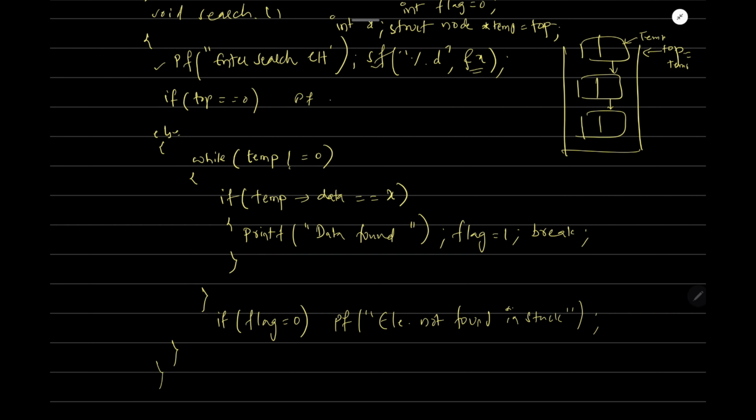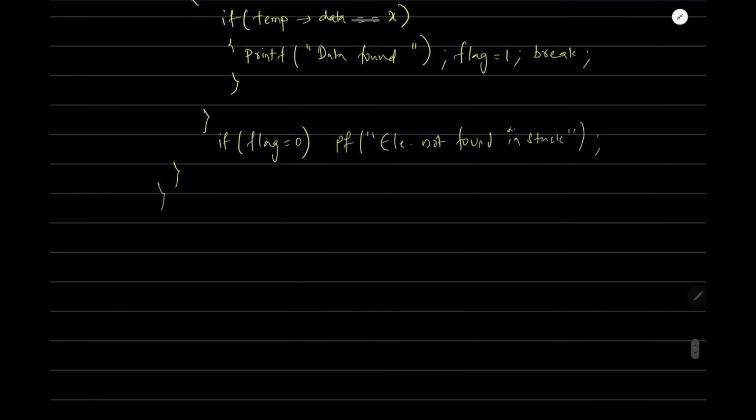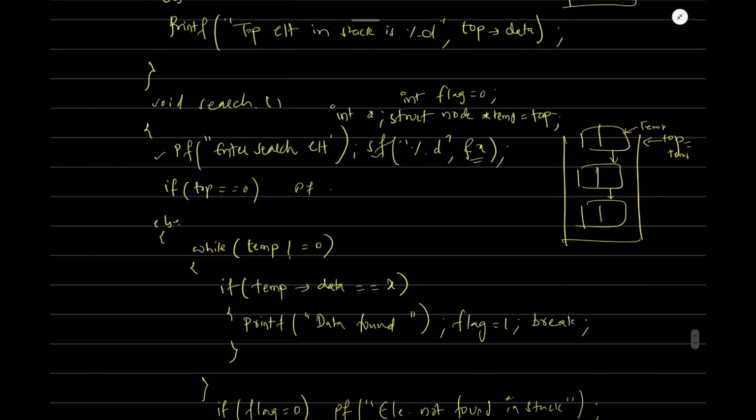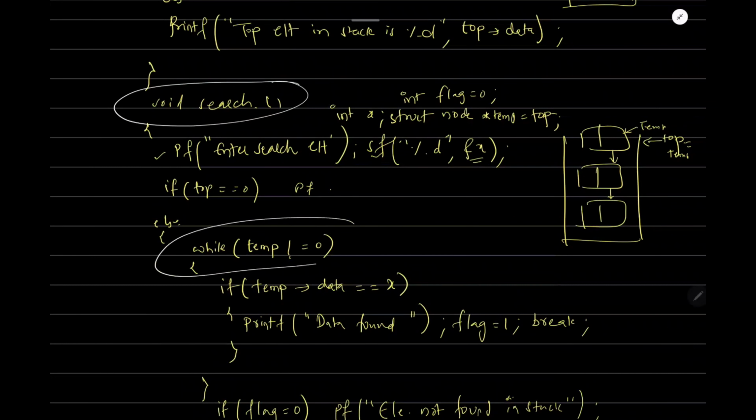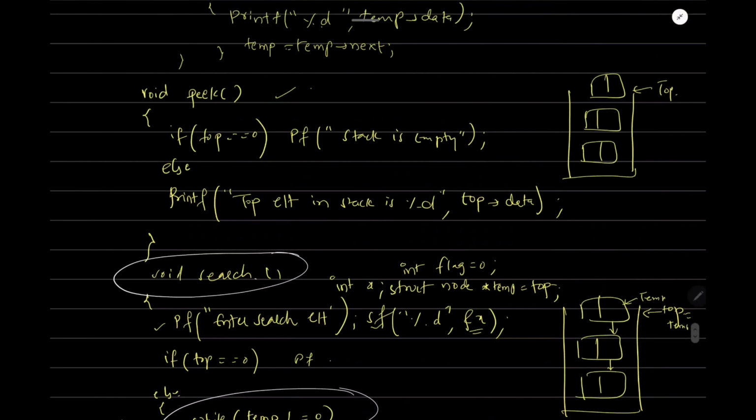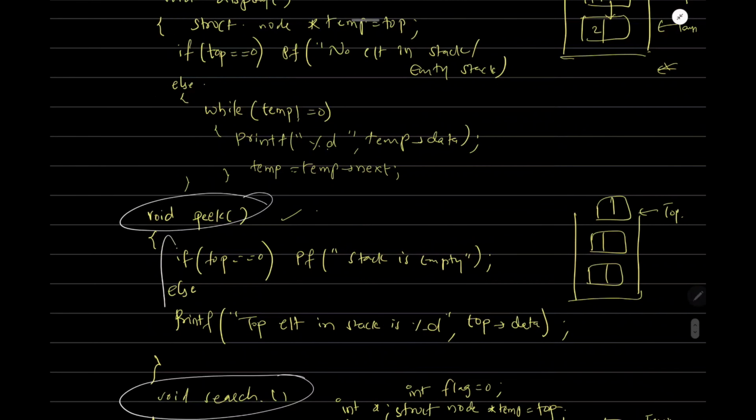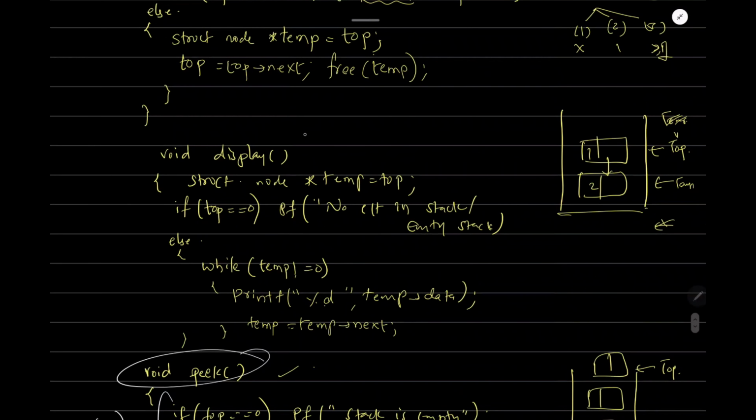Here we also need to understand the complexities. In search we have used one loop, so it will be order of n, and in peek we haven't used any loop, so it is order of 1. In display also we have used one loop, so it is order of n.